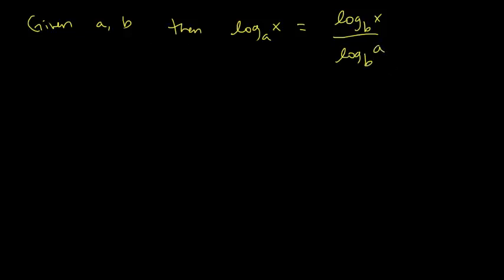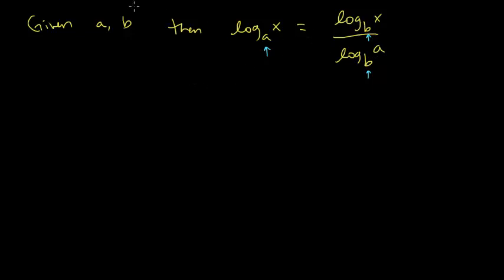Now when you look at this property, when you use it, the first thing you have to do is make sure that you're keeping track of your bases. The left side has a base of a, while both the logs on the right side have a base of b.